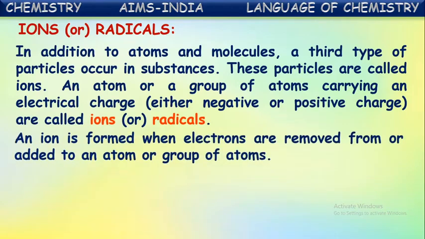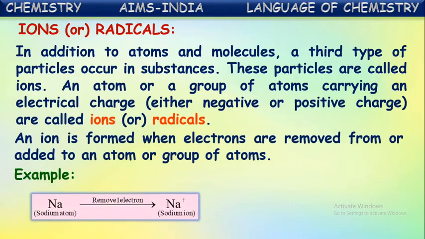An ion is formed when electrons are removed from or added to an atom or group of atoms. When atoms either lose electrons or gain electrons, these charged particles are formed. For example, sodium has only one electron in its outermost shell, and it is ready to lose one electron.